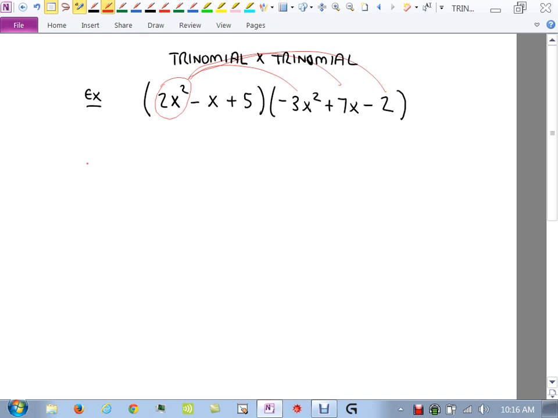So our first pass through here, we should get what? Negative 6x to the 4th plus 14x cubed, and then negative 4x squared. Okay, that's our first multiplication. Now I move to the second term, negative x, and I pass it through to all 3.